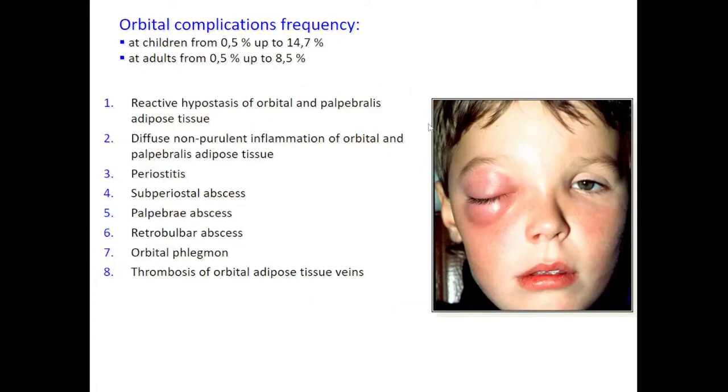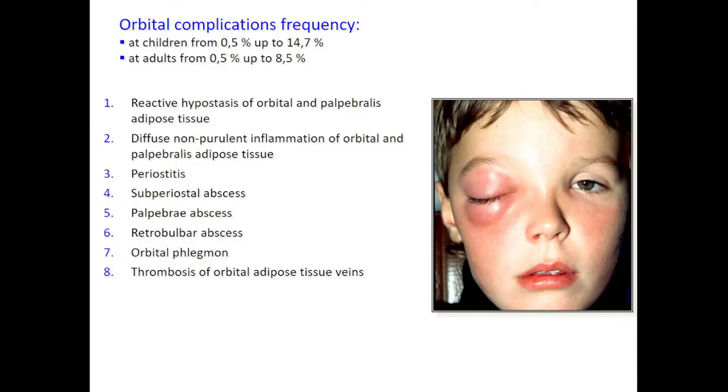Frequency of orbital complication. In children it is from half a percent to 15%, in adults from half a percent to 8.5%.